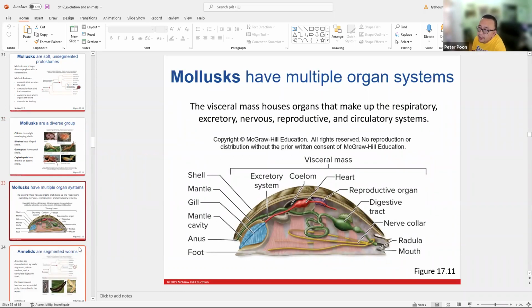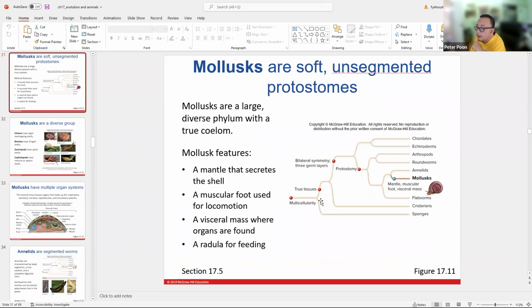A mollusk, you can see, actually has everything. It has a nerve system and a really primitive brain. Octopuses are actually measured as quite smart. Simple digestive tract, heart, a circulatory system.